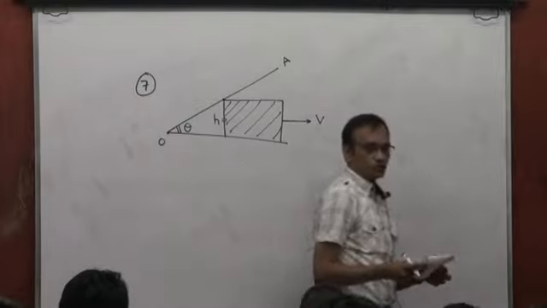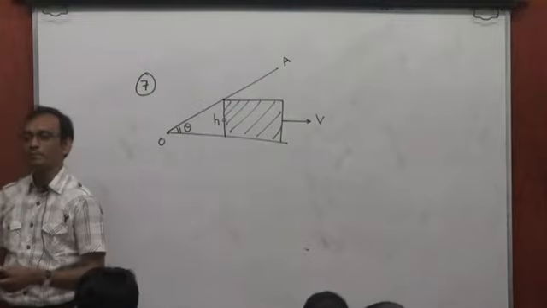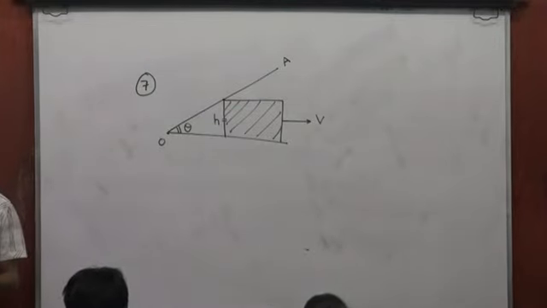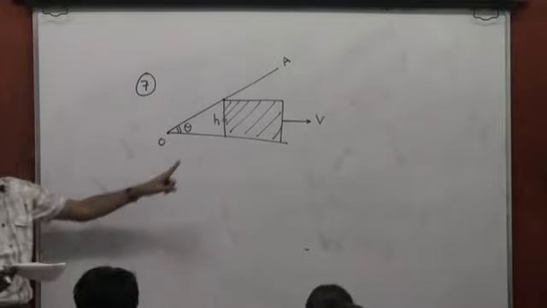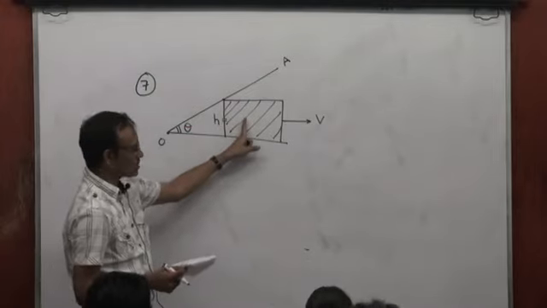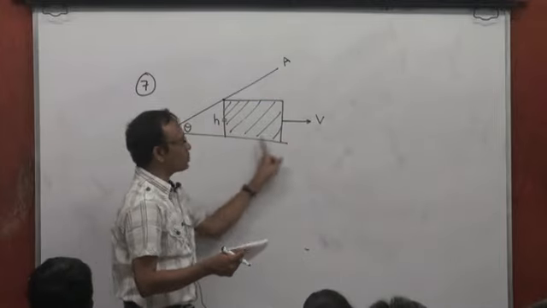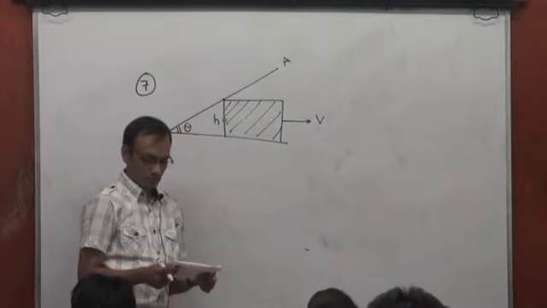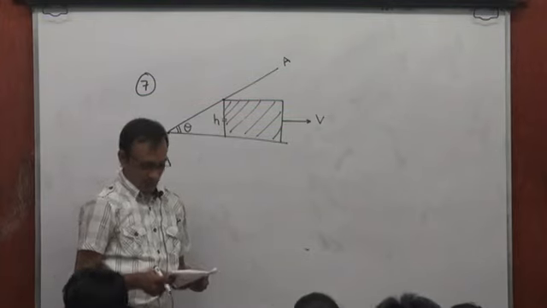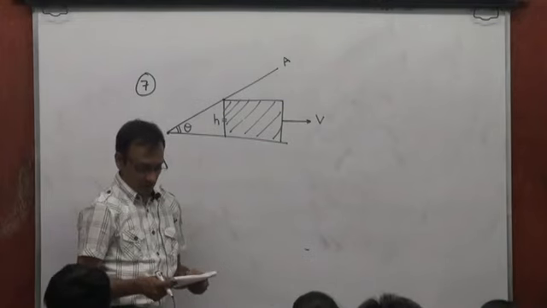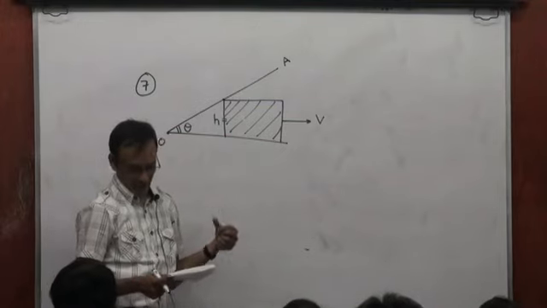In the arrangement shown, the rod is freely pivoted at O and is in contact with a block, this is the block, which moves on the horizontal frictionless ground, having a velocity v at some instant shown.